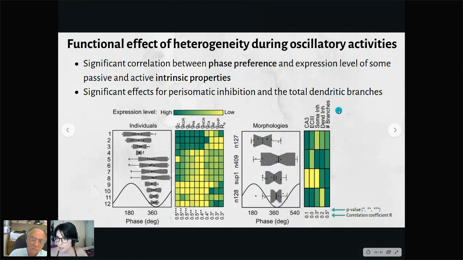So again, this picture is showing that the different intrinsic, synaptic, and morphological factors are determining the phase preference of the neuron and somehow contributing to this lower dimension output.